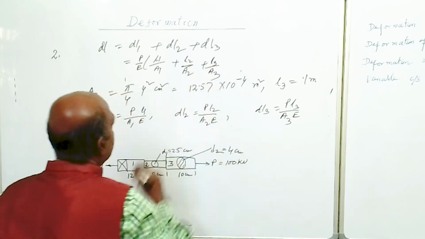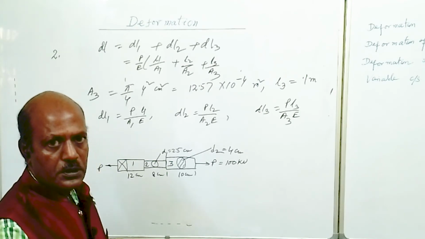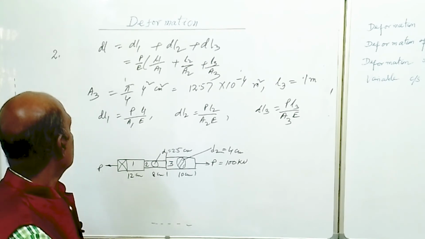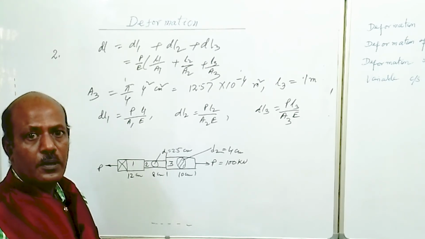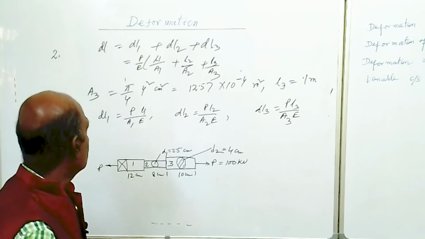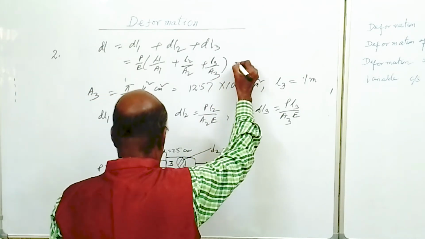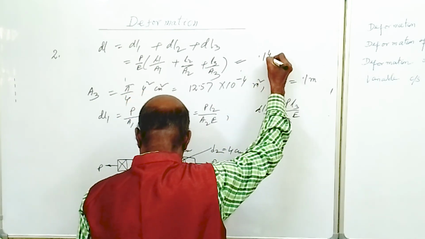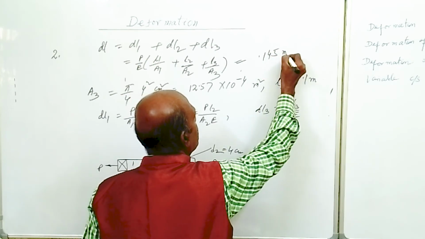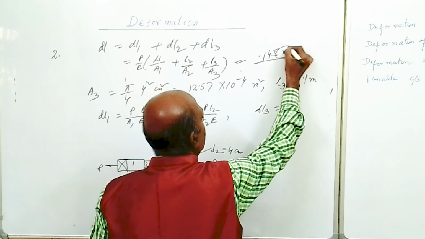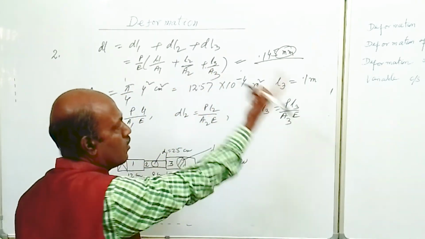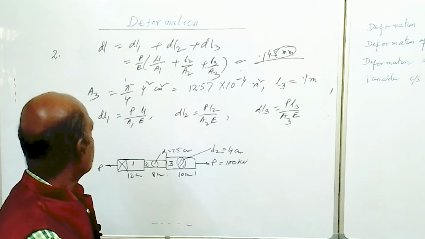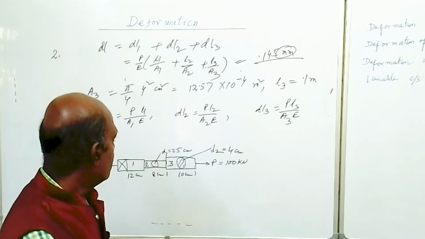We have the A1, A2, A3 values and L1, L2, L3 values. P is given as 100 into 10 to the power 3 Newton, and E is given as 200 into 10 to the power 9 Newton per meter square. If we put in these values, the total deformation produced in the bar comes to 145 millimeter. It will come in meters, then convert it to millimeters. So this is one part of the problem: what is the deformation produced in the bar.